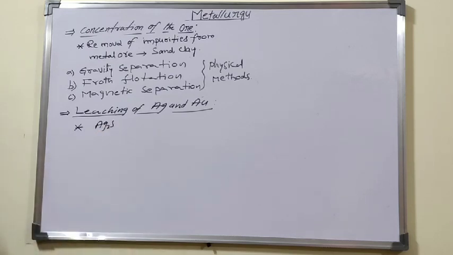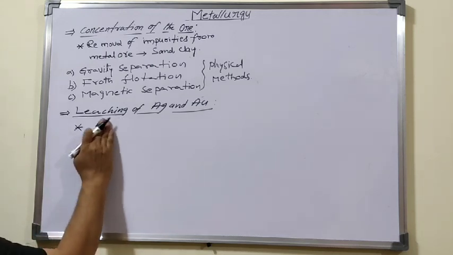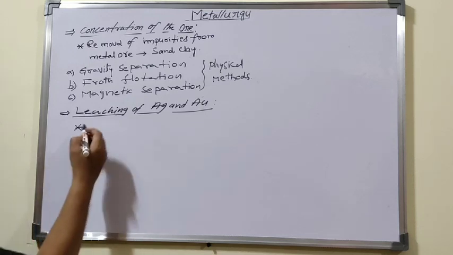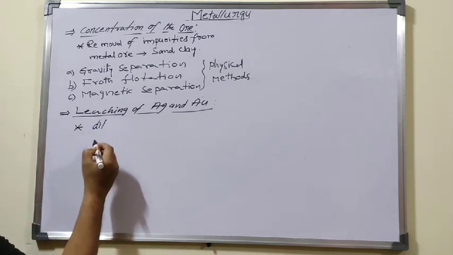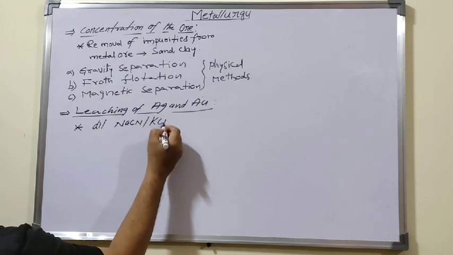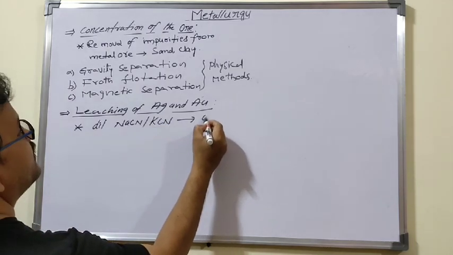Ag2S, here we have silver ore, argentite. This is treated with dilute sodium cyanide or potassium cyanide in the presence of air.